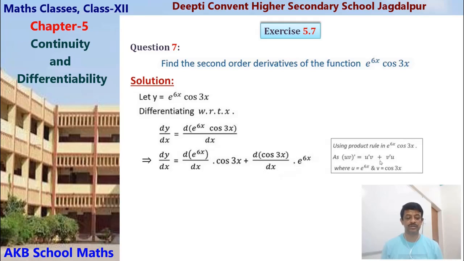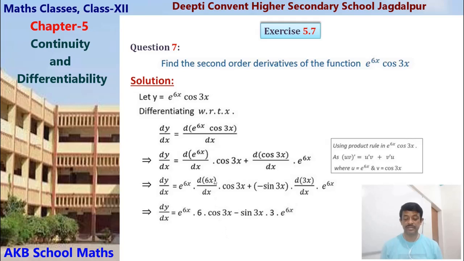This is (uv)' equal to u'v plus v'u: e to the power 6x, cos 3x. Clear? Now differentiate it: e to the power 6x, again differentiation of 6x, cos 3x, cos minus of sin 3x, again differentiation of 3x, so 3.